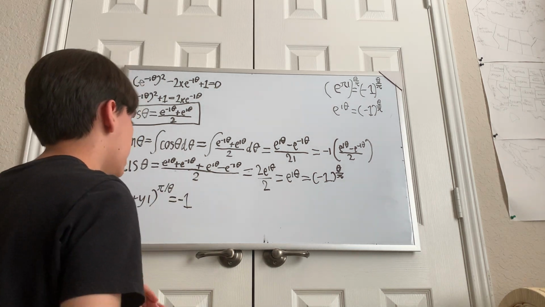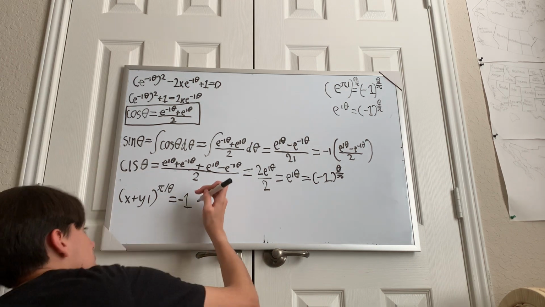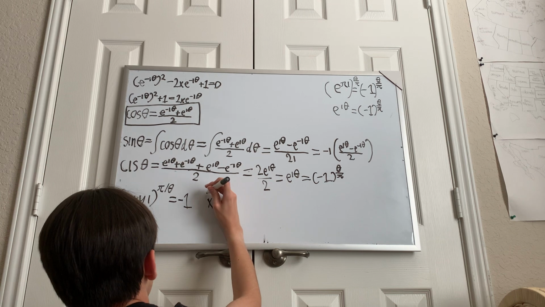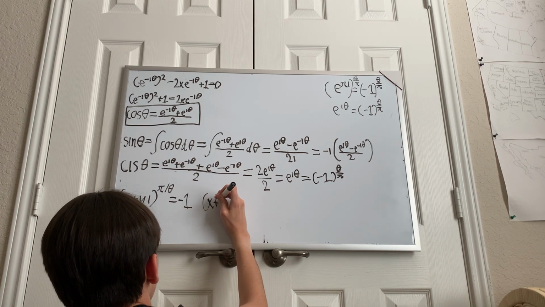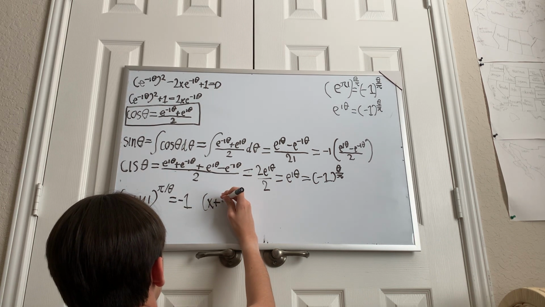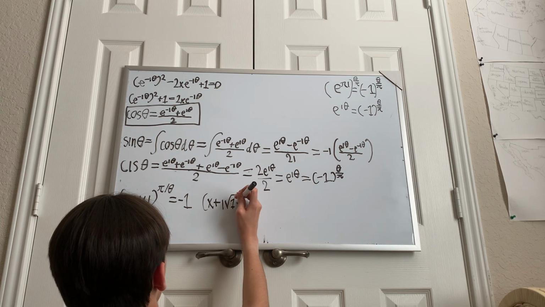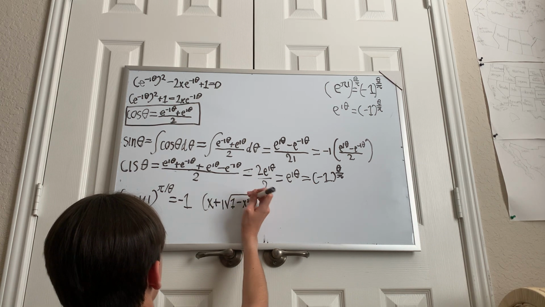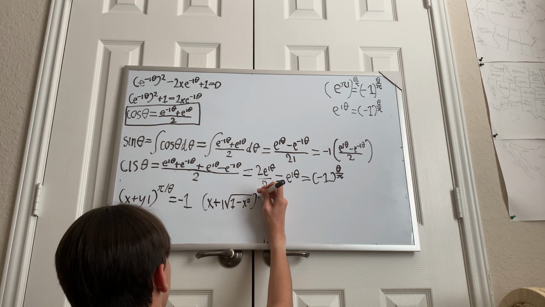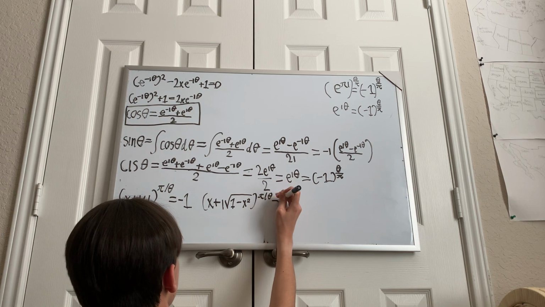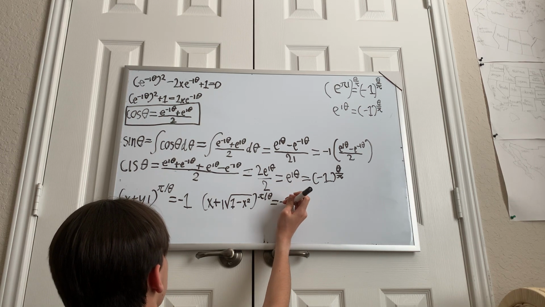So then now we find that, plugging in for y, x plus I square root of 1 minus x squared, to the power of pi over theta, is equal to -1.